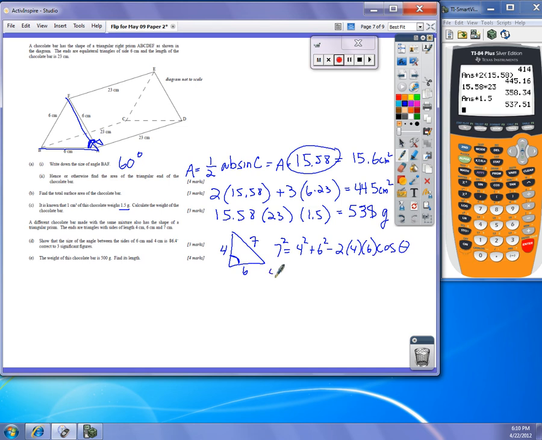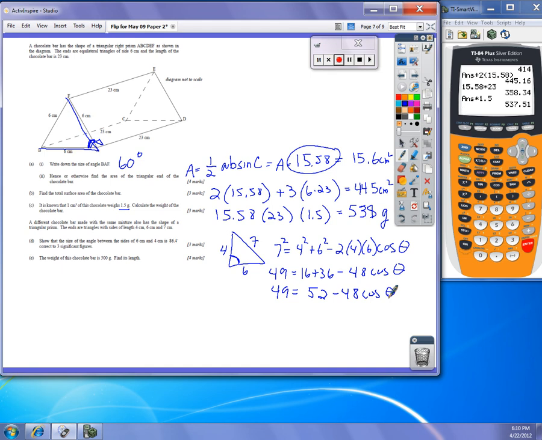So I'm going to have 49 is equal to 16 plus 36 minus 2 times 4 is 8, 8 times 6 is 48 cosine theta. I'm going to do this in excruciating detail. 6 and 6 is 12, carry the 1. 52 minus 48 cosine theta, because I really want you guys to see order of operations.